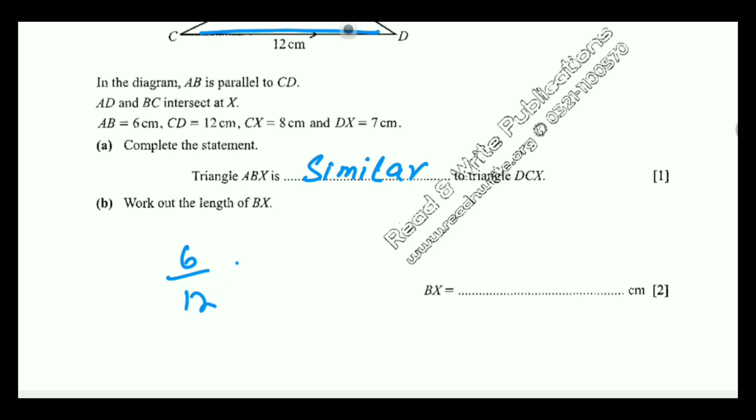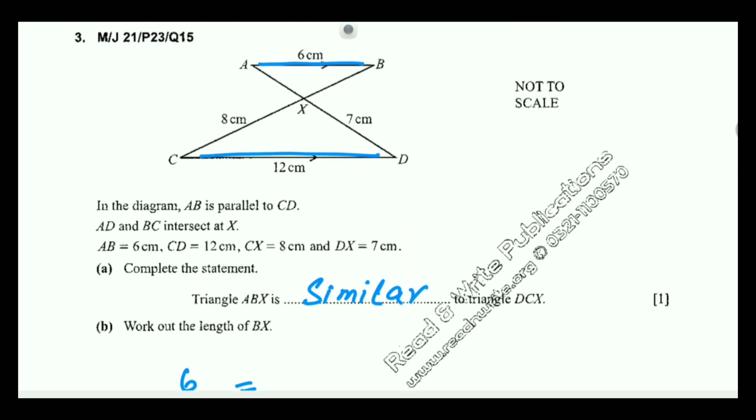then which side we will choose now? Actually we are going to find BX, so this is BX, we have to find this side, so its corresponding side is CX. So let me tell you here, this is the corresponding side of this side and AX is the corresponding side of this side.